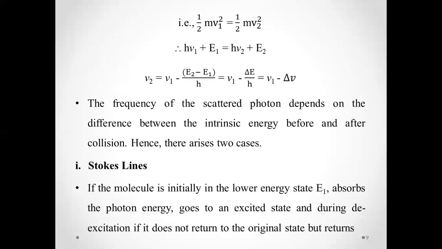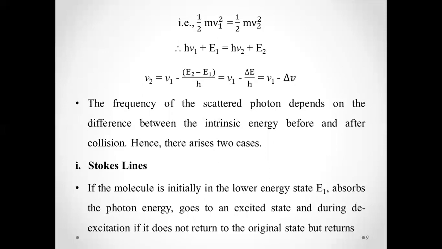That is, half m v1 square is equal to half m v2 square. Therefore, h nu1 plus E1 can be found to be equal to h nu2 plus E2 after the cancellation of the kinetic energies on both sides.